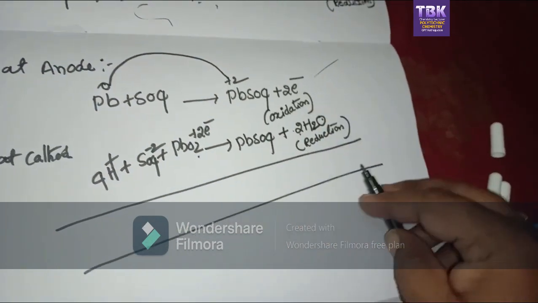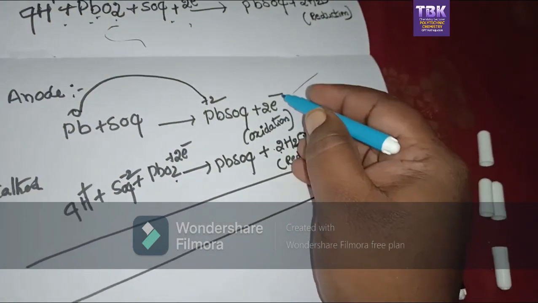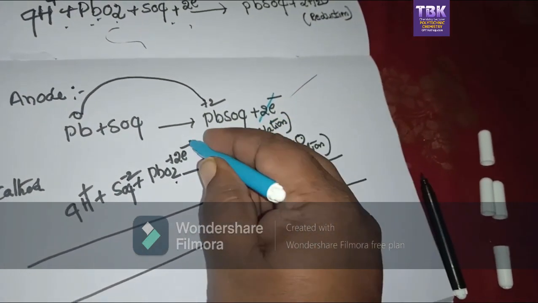So next one, here it has 2 electrons and 2 electrons cancel.